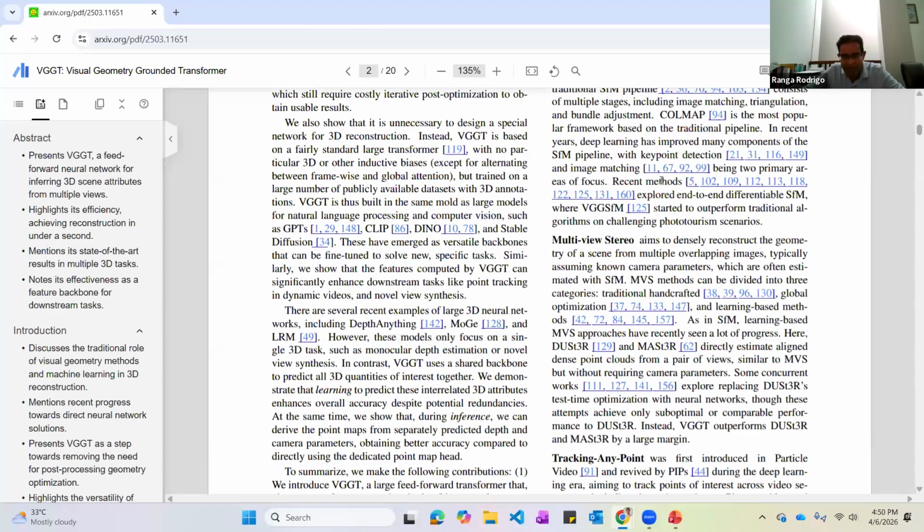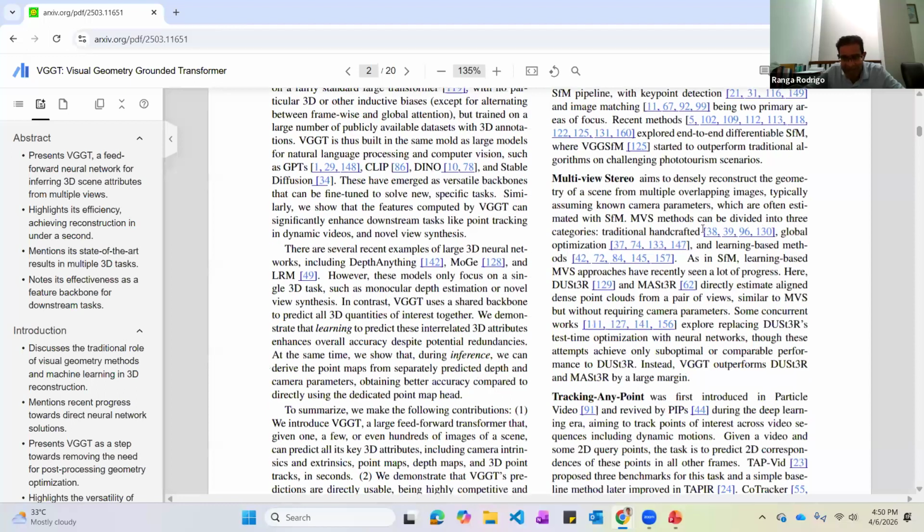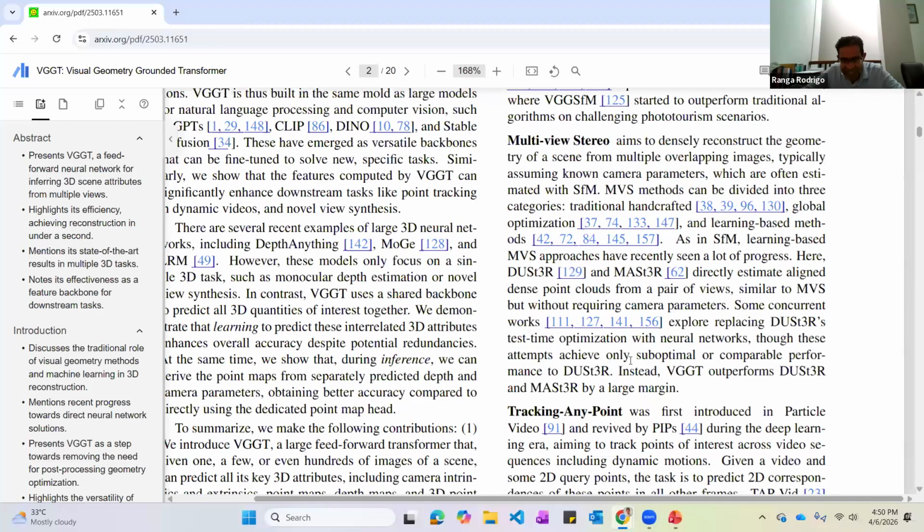Let's say multi-view aims to densely reconstruct whatever, and then you can see they have cited 1, 2, 3, 4 papers for that. Global optimization, 1, 2, 3, 4 papers. Then they summarize these papers, exploring whatever, though these attempts achieve only suboptimal or comparable performance to whatever. So they are summarizing all the papers that they described here, and then they are talking about their paper.